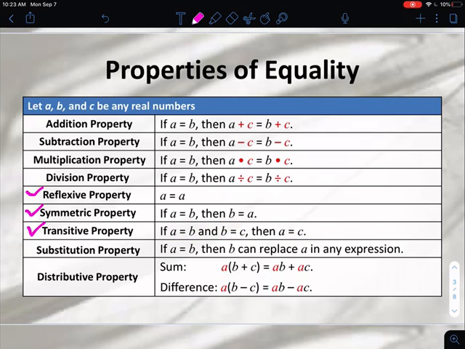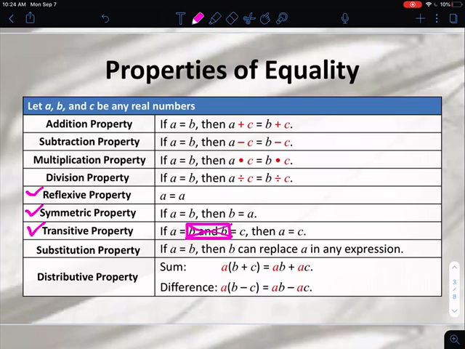Another thing that we talk about with this one, we call it the middleman property. And that's because if you notice here, B is in both statements. So I have this middleman B. So A is related to B, C is related to B, so I can get rid of the middleman, and A must be directly related to C. So that's that transitive property, like one thing leads to the next, leads to the next.